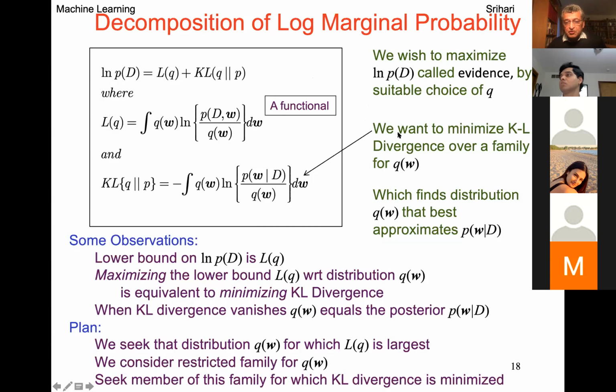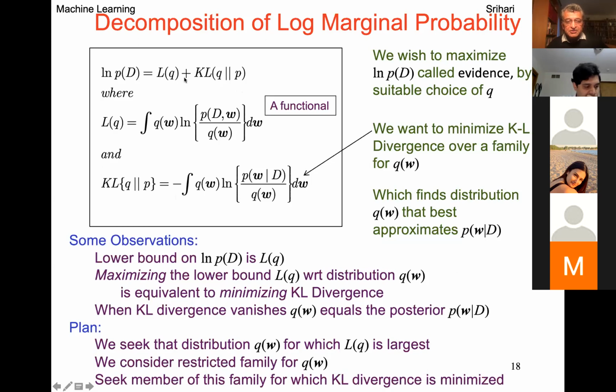And that requires, we want to minimize KL divergence over a family for Q(W). It says, if you want to maximize this quantity, you want to make this KL divergence as small as possible. KL divergence is a negative quantity here, that's what's going in here.